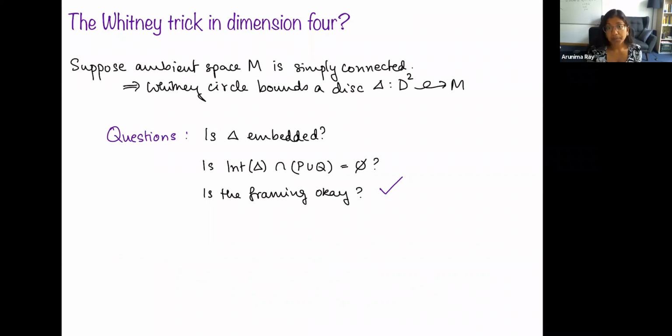What about this interior intersecting P and Q? Well, what we did in the proof of Smale's theorem is we said, let's assume that the fundamental group of the complement is trivial. And this disk just came out of a simple connectivity assumption anyway, so now you can just apply this simple connectivity assumption. So these two things essentially tell you that the answers to these last two questions, we can sort of get.